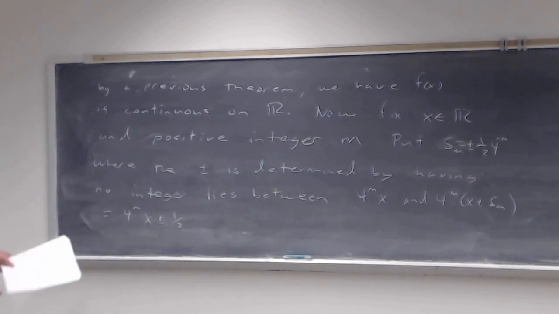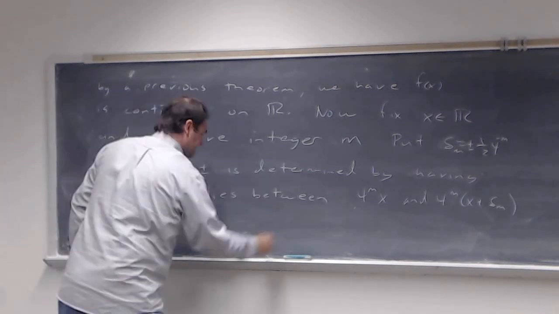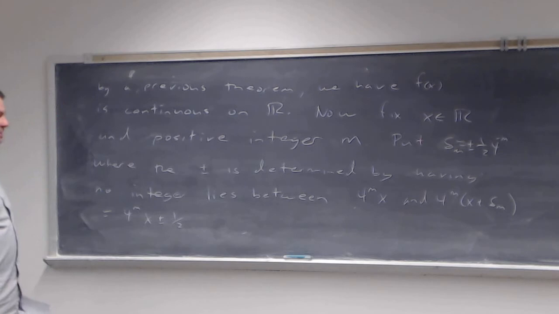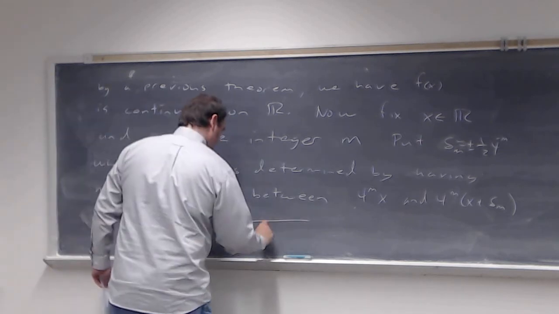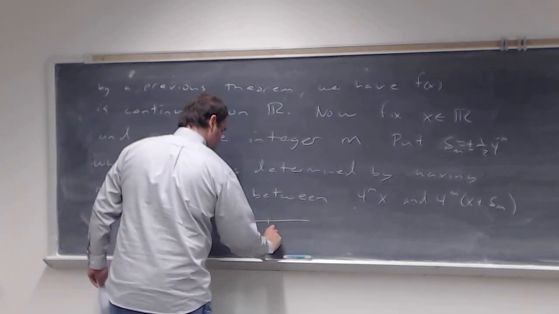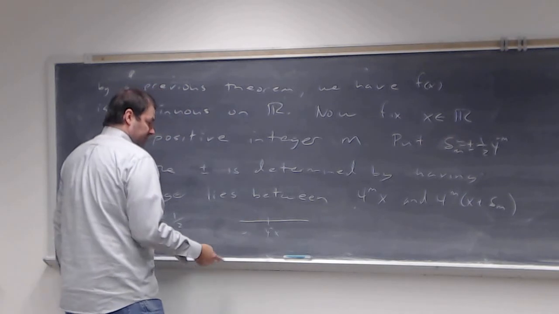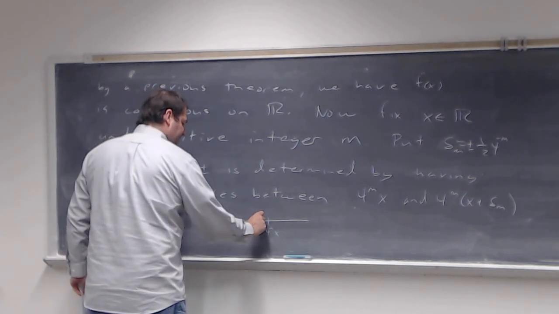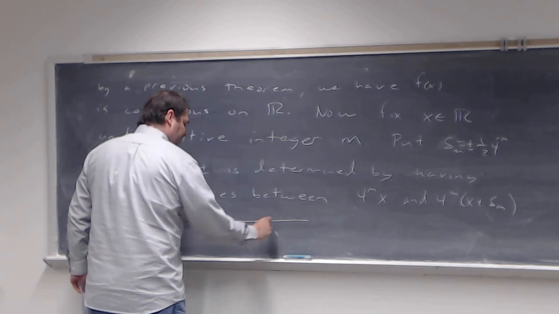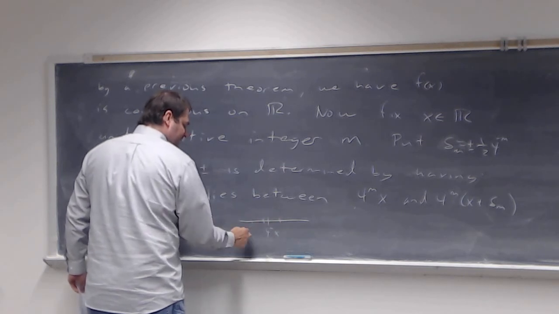The idea here is this 4 raised to m times x. That quantity is a number. So it's here on the number line. Now, it might be an integer, I don't know. But let's say it's got an integer somewhere close to it. Then the next integer bigger than it, if it's close to this left-hand integer, then there's a pretty decent gap here.